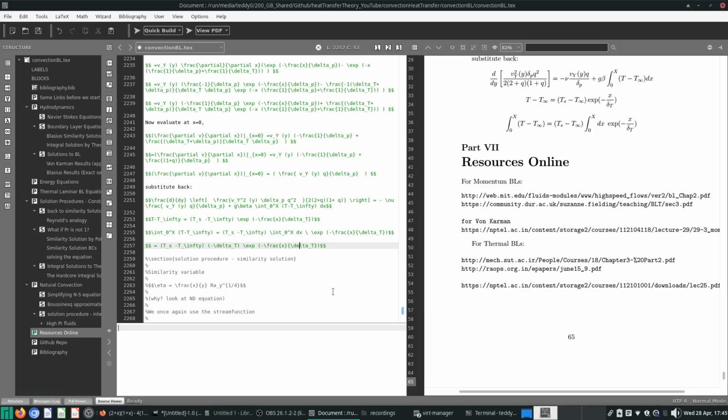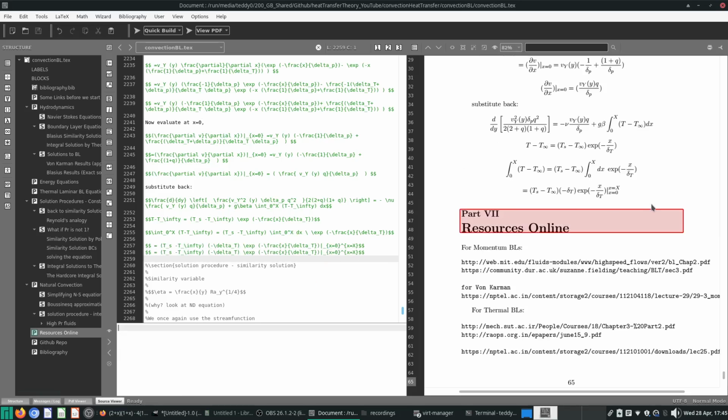Then we are supposed to evaluate this exponential at x equals 0 to x equals x. So now very simple.